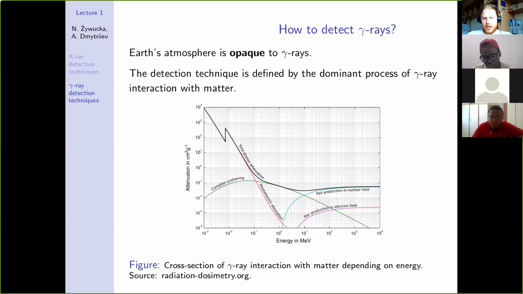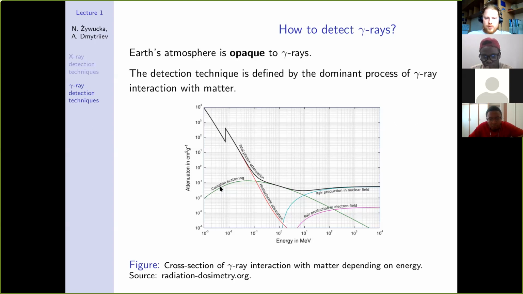So the photon doesn't perceive the atom as a whole structure, but rather sees the nucleus and the electron separately. The high-energy gamma ray interacts with the electron as if it were free.